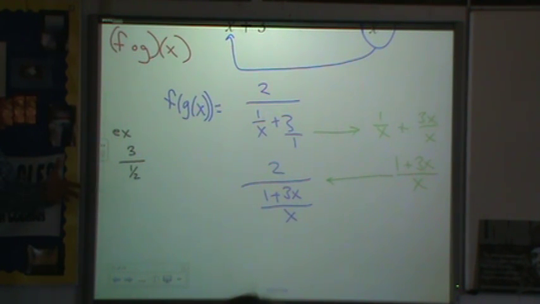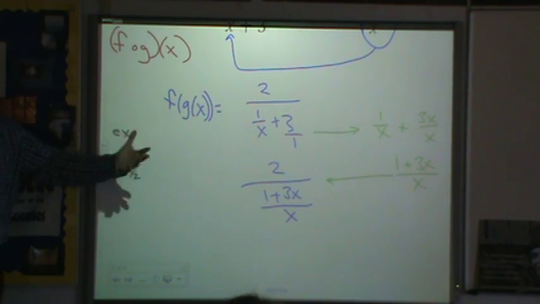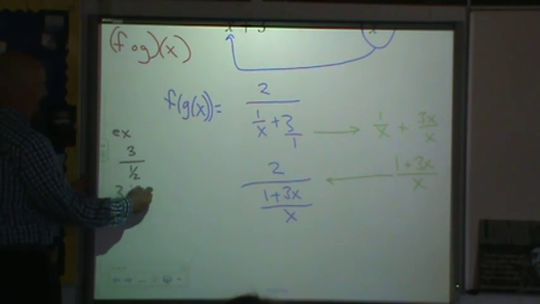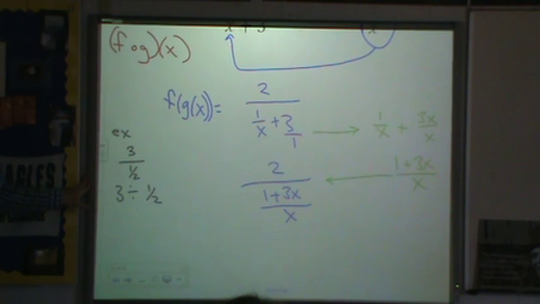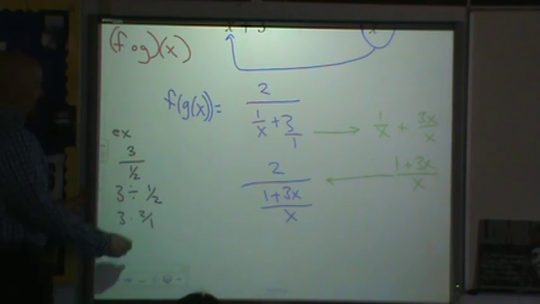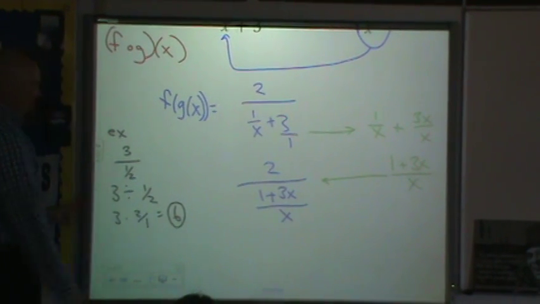You'd have 6. You'd have 3 wholes that you break into halves. That gives you 6 halves. Why? Because this is 3 divided by 1/2, and when you divide by a fraction, you're really multiplying by the reciprocal. So this is really 3 times 2 over 1, which is 6.